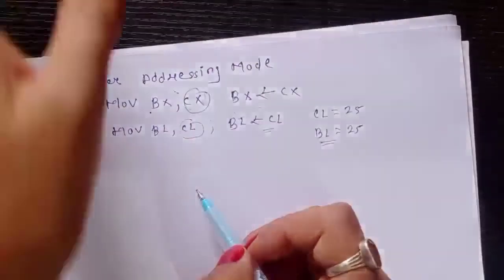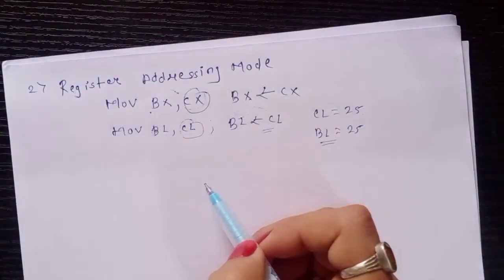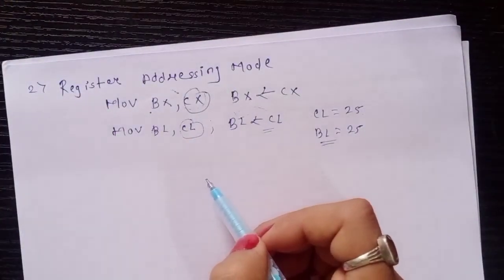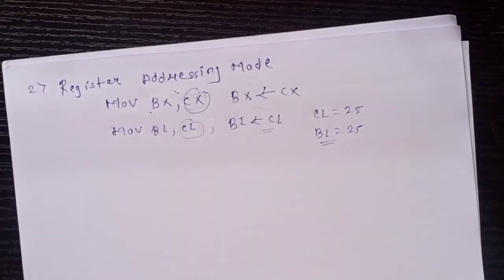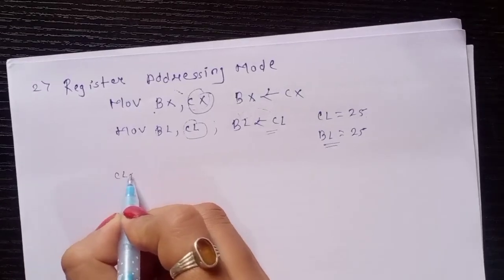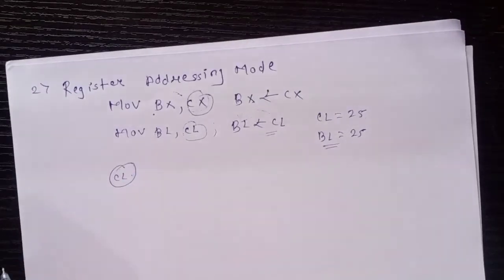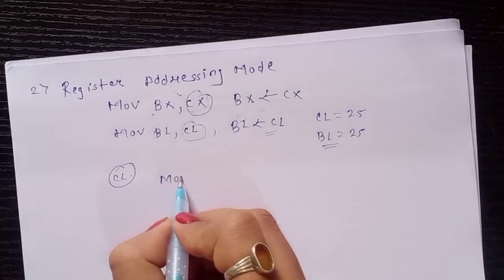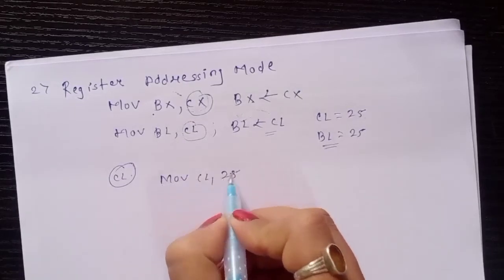So when to use immediate and register addressing mode? When you are initializing the register for the very first time, you use immediate addressing mode. Like you have to initialize register CL. That time you have to use immediate addressing mode like MOV CL, 25.